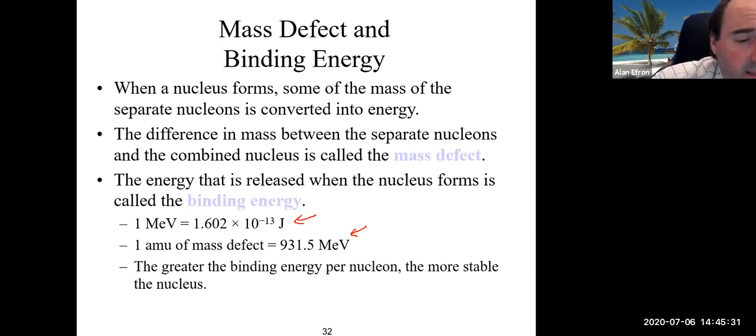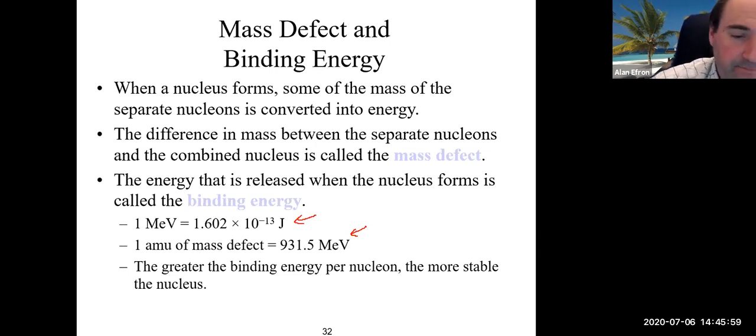But 1 mega electron volt, which is a common unit of nuclear binding energy, equals 1.602 times 10 to the minus 13 joules. Joules are also a very common unit of nuclear binding energy. So mega electron volts and joules are two very common units used to express the binding energy.